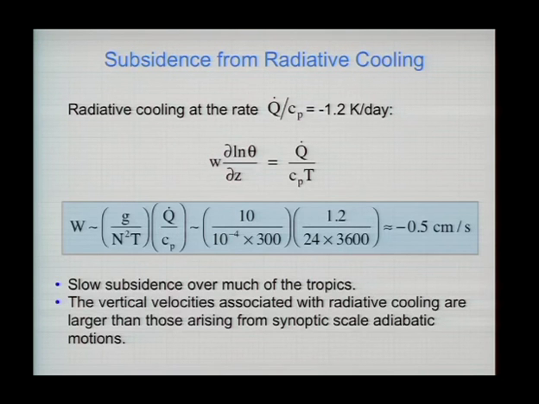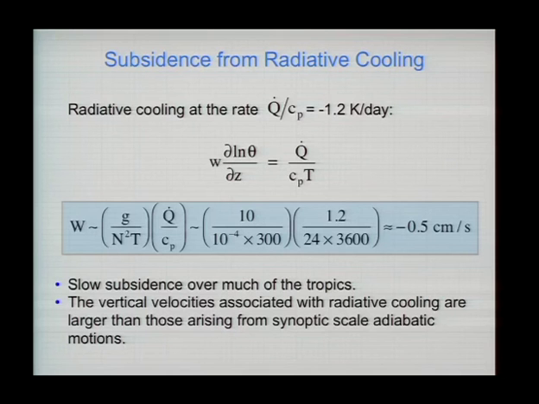Now, what did we say? We said that the vertical advection of potential temperature must balance the cooling. So physically, what's this? If air rises and adiabatically expands, it cools. Or if it subsides, it's adiabatically compressed and warms.